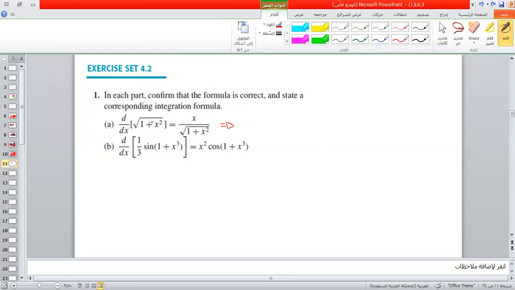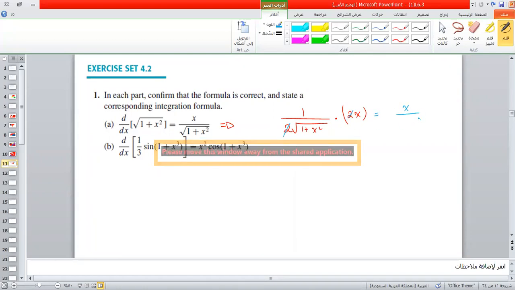Which is d over dx of radical 1 plus x squared, multiplied by 1 over 2 root 1 plus x squared, multiplied by 2x, which is the derivative of the root. Yes, chain rule here, multiplied by 2x. Then simplify. You can just cancel out and keep the x up, which is x over radical 1 plus x squared.